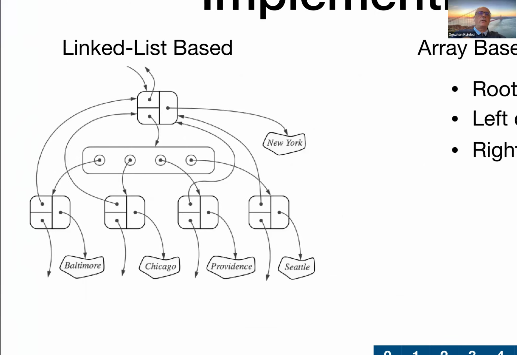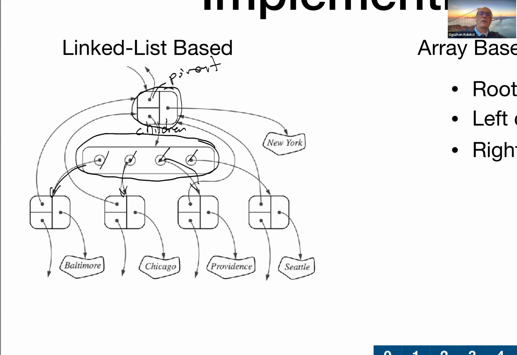For each node, what I need is a parent link. Each node's parent should be connected to that node, unless it is the root node. And each node has a number of children. The number of children is a variable number. So that is why in this implementation, we have another node that has the pointers to all children. That means this specific node has 1, 2, 3, 4 children, and where they are, you should follow the corresponding links.